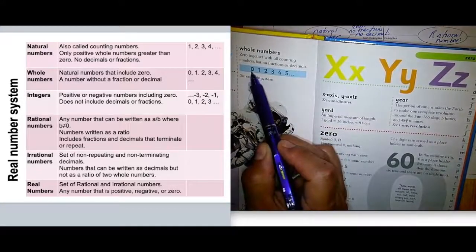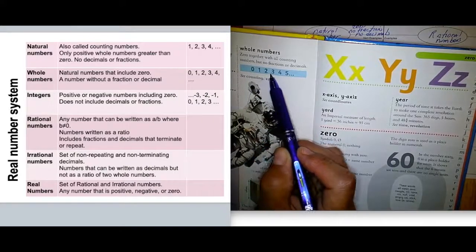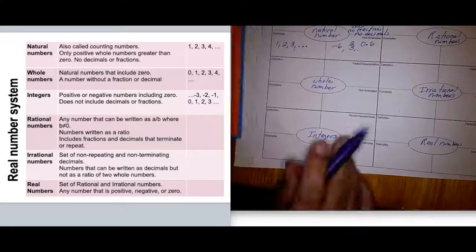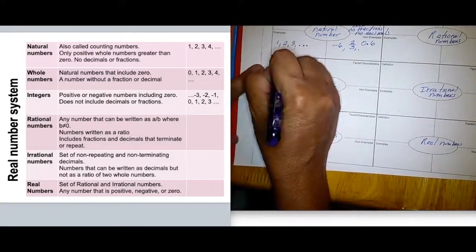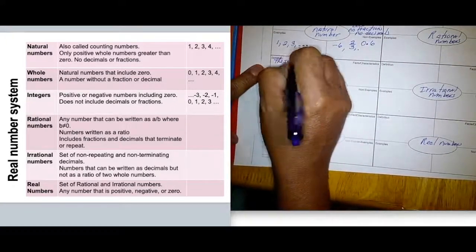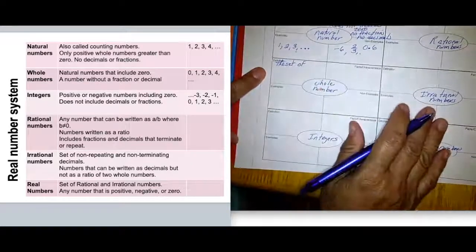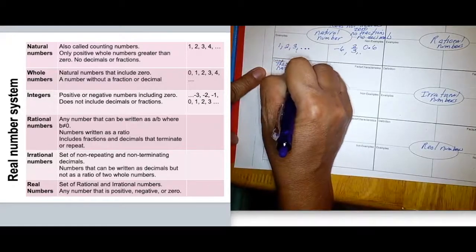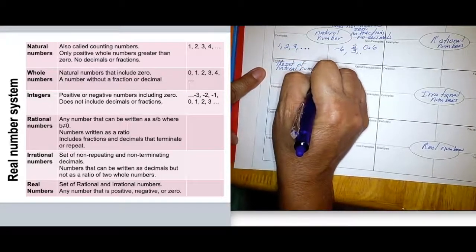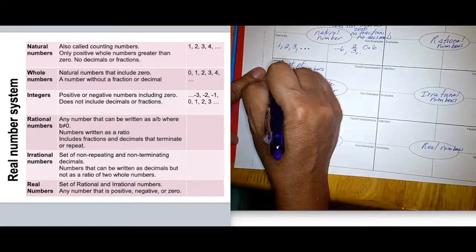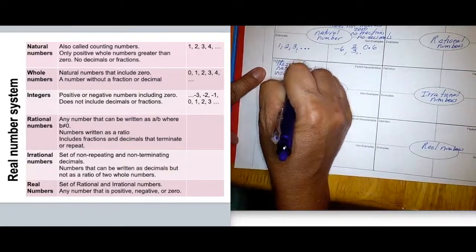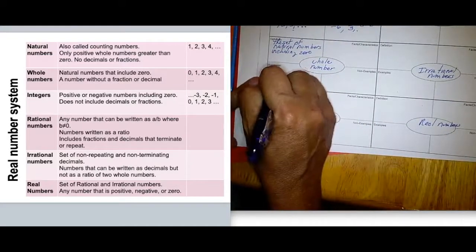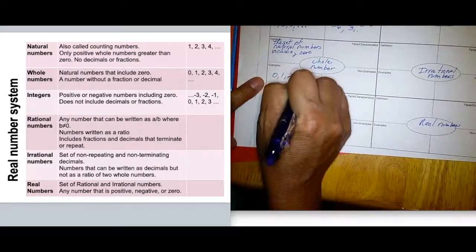And here the set begins with 0, 1, 2, 3, and so on. So whole numbers: it is the set of, let's say, natural numbers including 0. Okay, so my examples begin with 0.